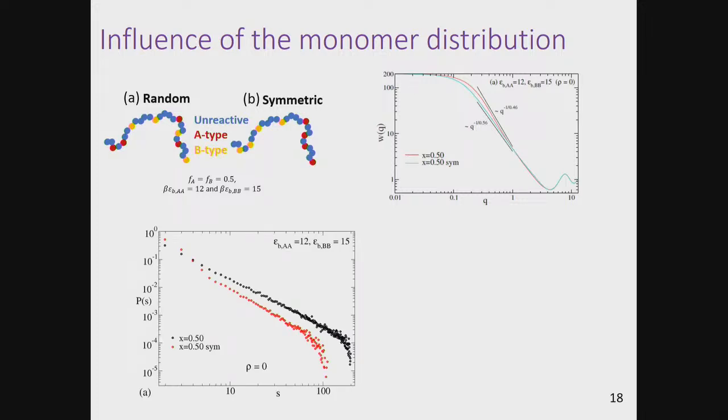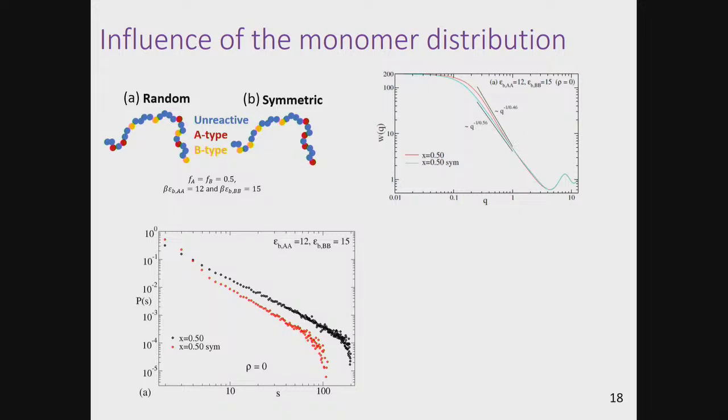You can understand it again from the contour distance distributions. In the symmetric case, if the A-type monomers have to find each other, they can only form these local aggregations. They cannot form long-ranged loops. It is prohibited structurally. Whereas in the random case, such long-range loops are possible, which is also evident in these profiles.